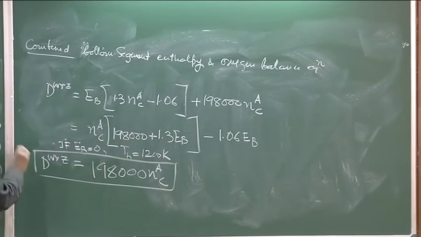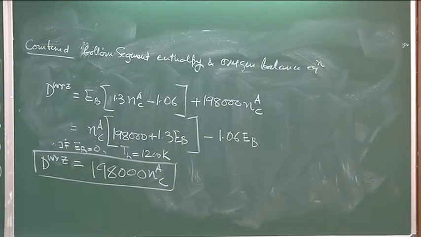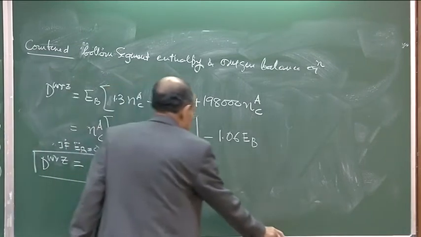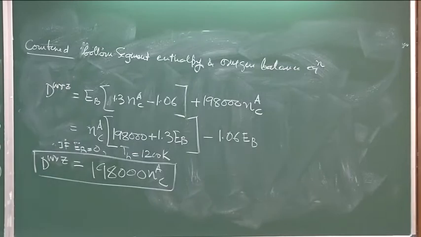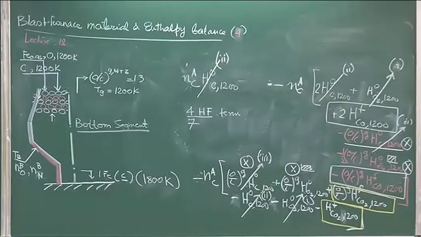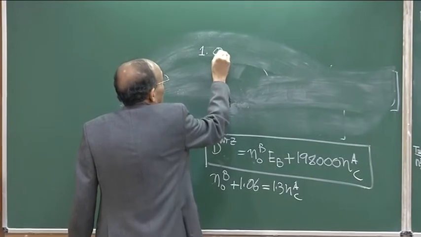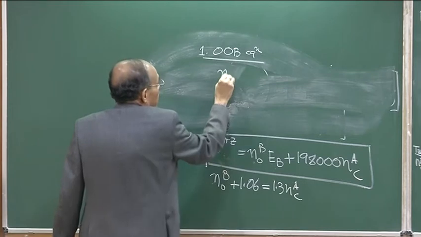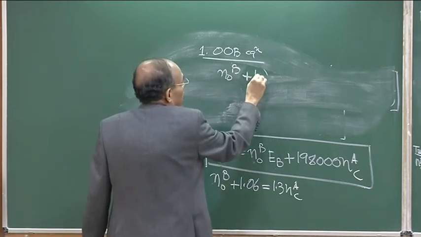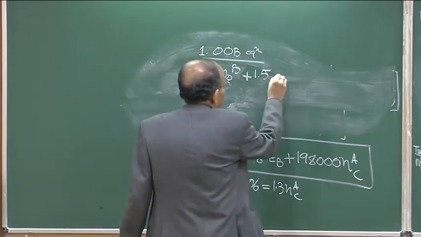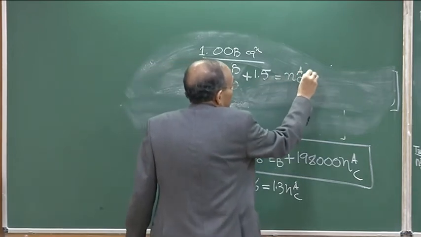So we have derived 3 different equations, and I will summarize them now. One is our overall oxygen balance equation, that is NOB plus, for idealized blast furnace operation with pure hematite as the ore and no slag generation, this is what it is.